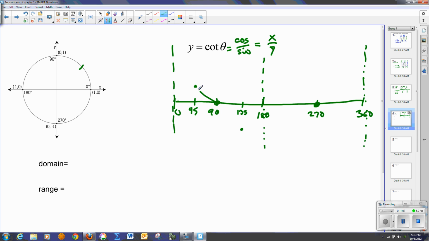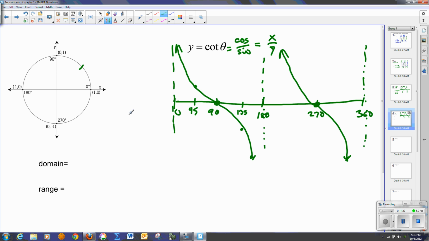So therefore, once again, I connect those dots. And you'll notice my cotangent looks something like this, similar to tangent, but not quite. You'll notice tan always rises and cotan always falls.